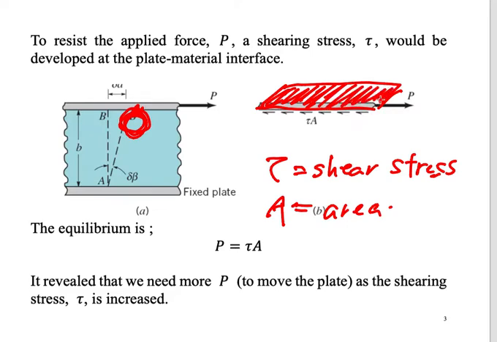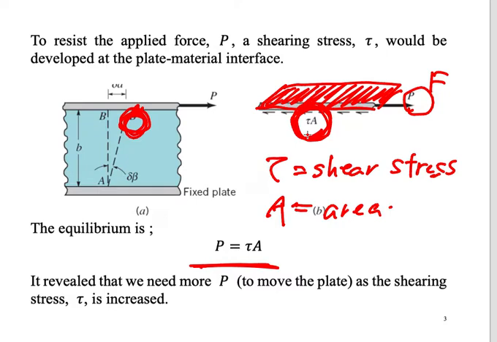Tau A here will give us the total amount of resistance force. In equilibrium, if we want to pull the plate, this force must be equal to or more than the resistance force.